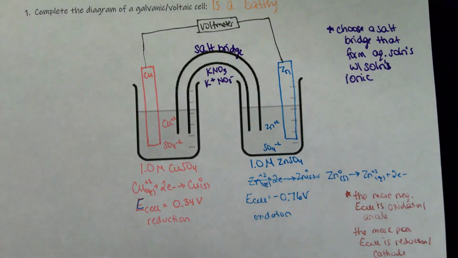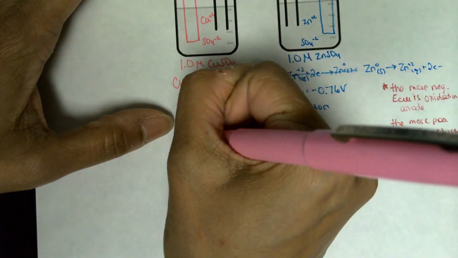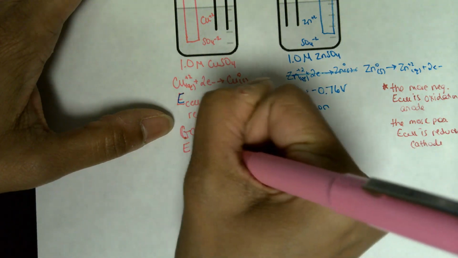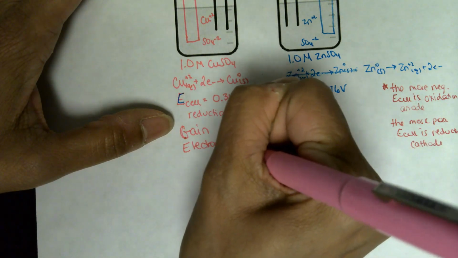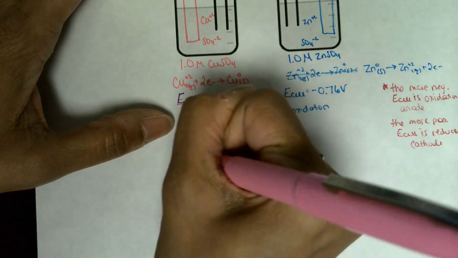So let's talk about oxidation and reduction just for a little bit more on this. Some things to remember with reduction: if we gain electrons, that is reduction. That kind of spells out GER.